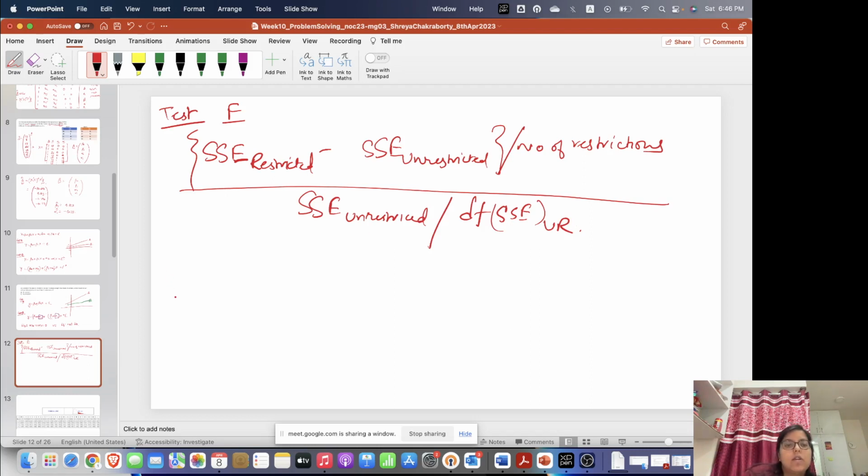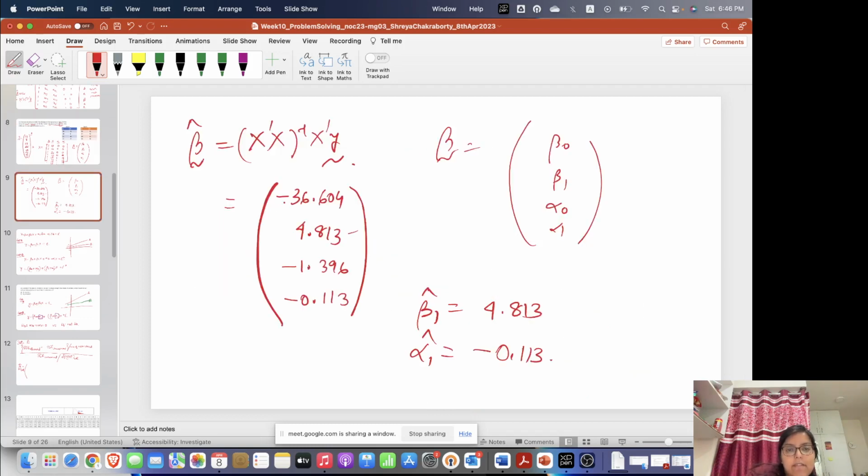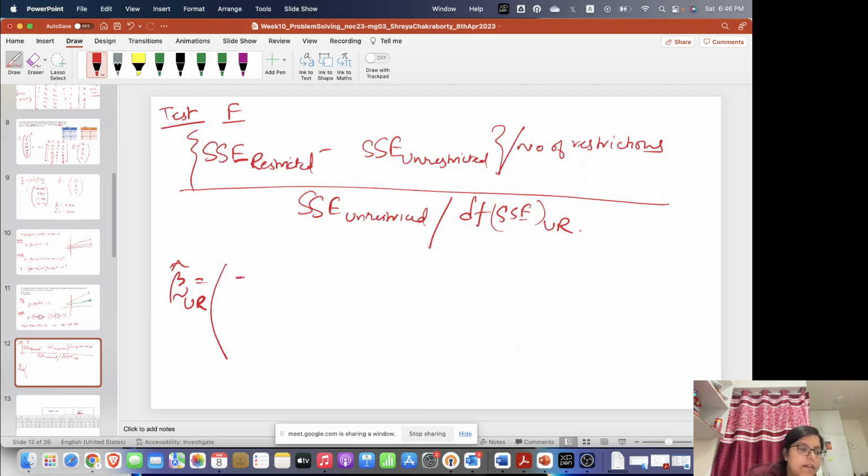Okay, so now I have already provided to you the beta hat from the unrestricted model, like when we would have the full model. In that case, the beta hat values were like this. We had beta hat unrestricted as minus 36.604, 396, minus 0.113.